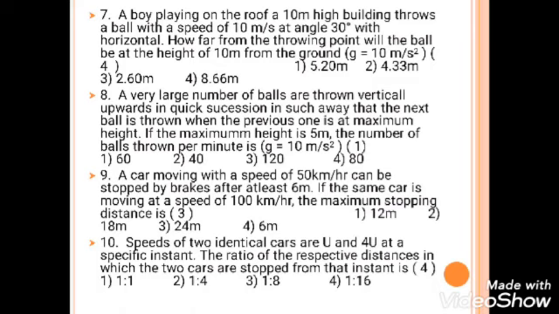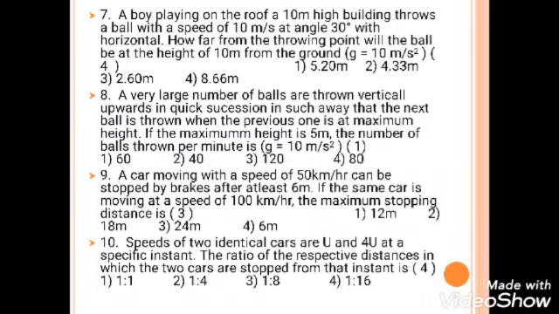Then for the range, u cos theta into t, using root 3 as the total time value, we will get 5 into 1.731, which is 8.655, which is approximately equal to 8.66 meters. So this is the correct option which we can use in your answer sheets.